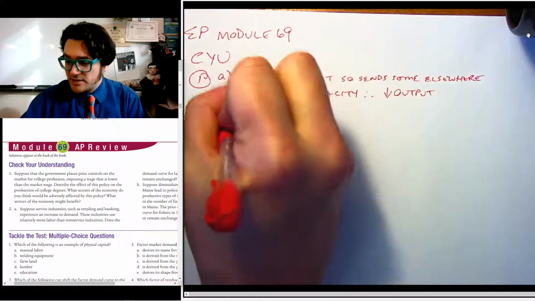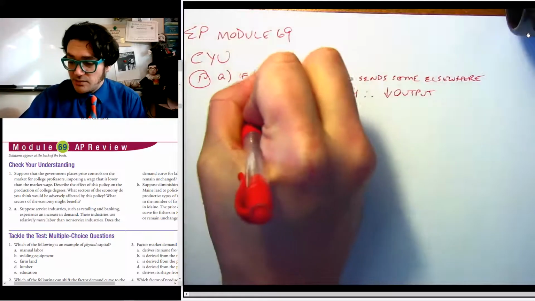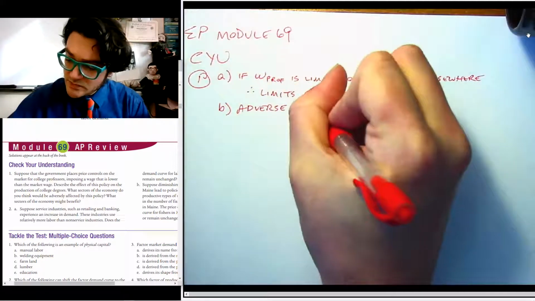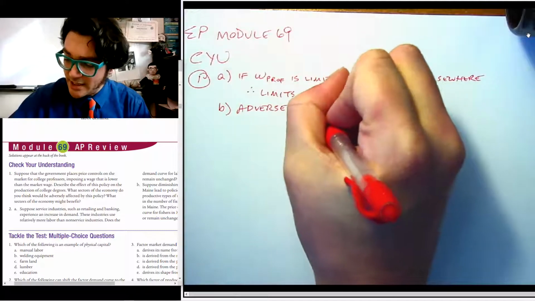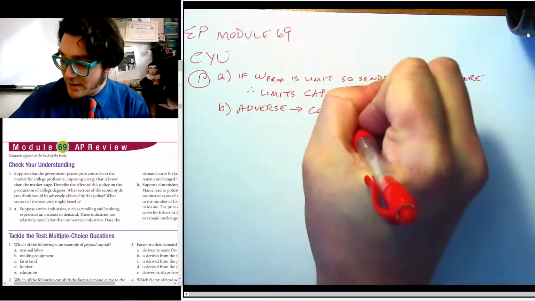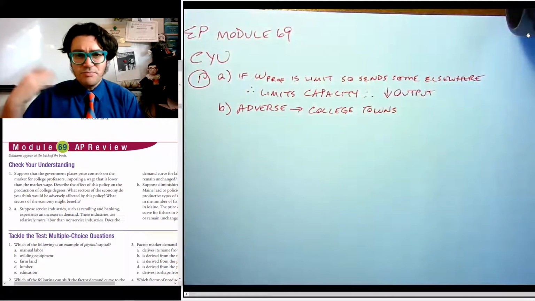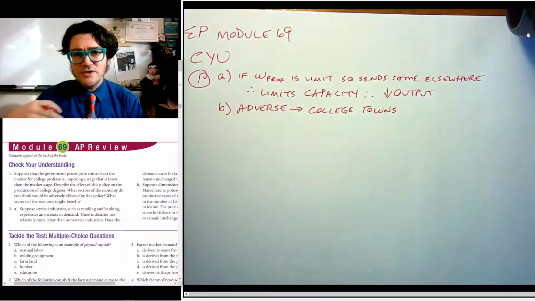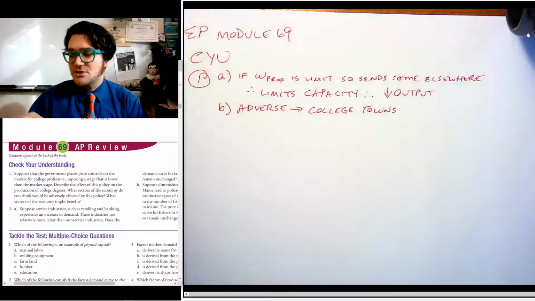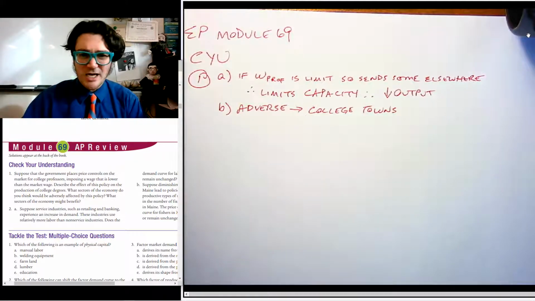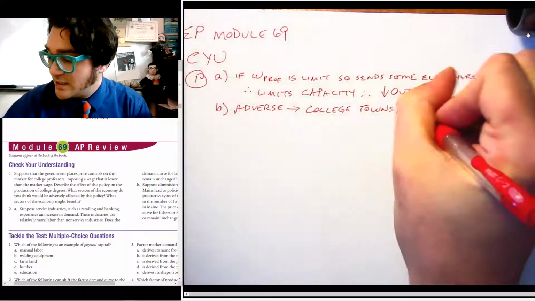The second two parts are adverse. We could say adverse would be sectors like college towns. If you think about a college town, it has certain things that depend basically on the university for its functioning. So if there are smaller numbers of students and smaller numbers of professors, then the college towns would be adversely affected.